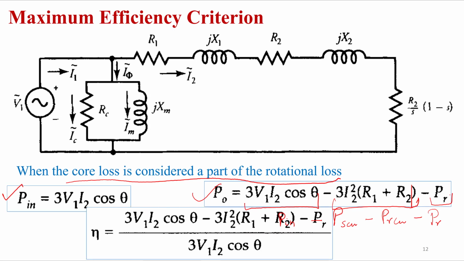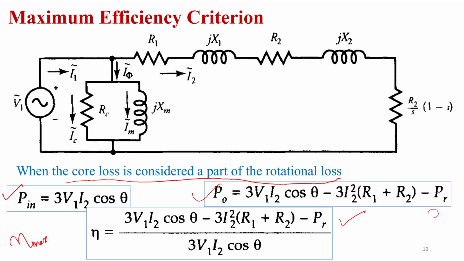Now if we write the expression for efficiency, it will be like this. Efficiency will be P_out by P_in. So this is your expression. Now can you find the condition for which we will get the maximum efficiency, eta max?